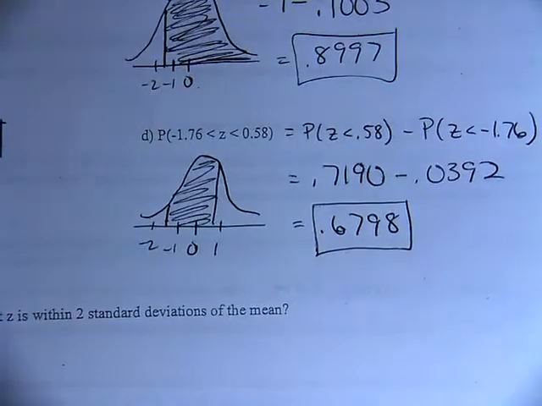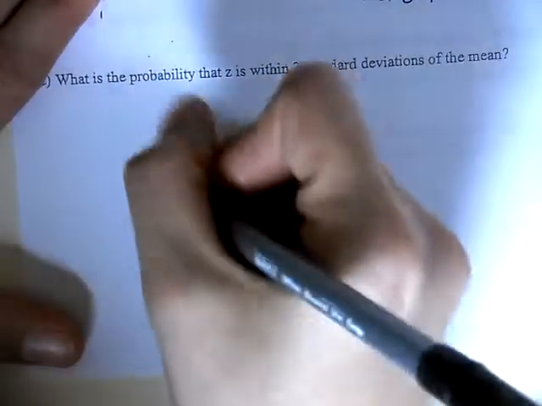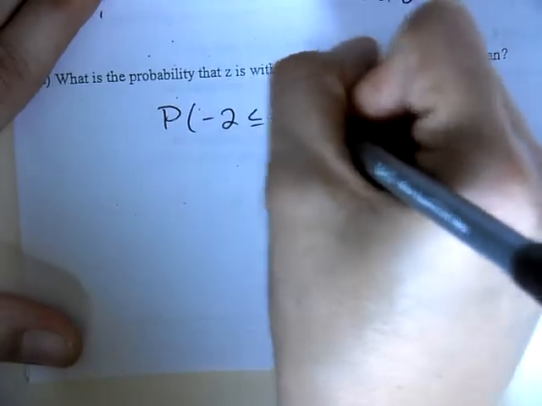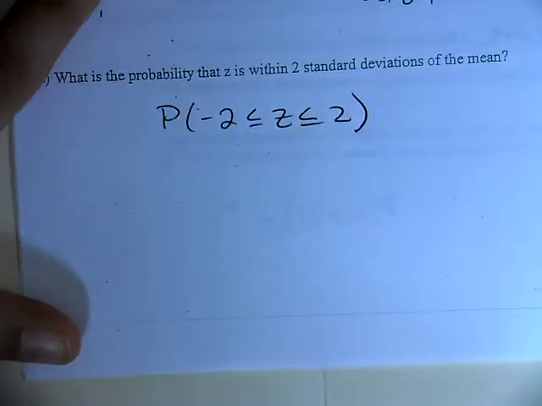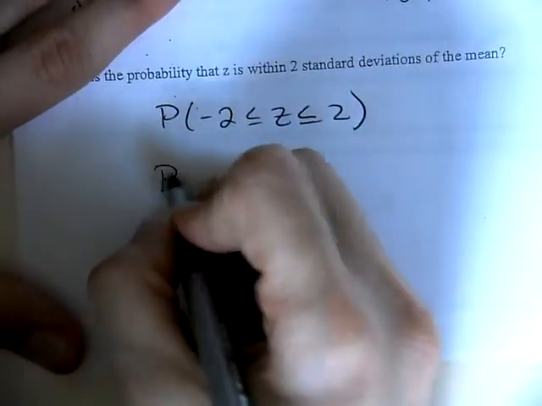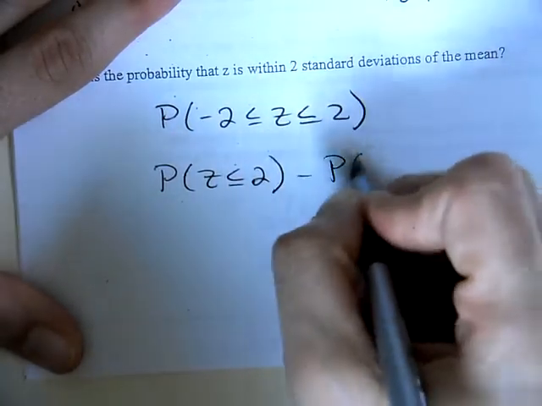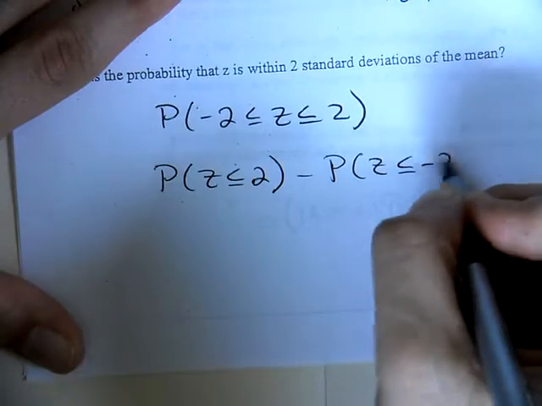What's the probability that z is within 2 standard deviations of the mean? So you want the probability between negative 2 and 2. I'm going to take the probability z is less than or equal to positive 2, and subtract the probability z is less than or equal to negative 2.